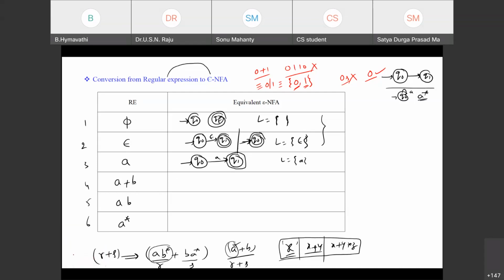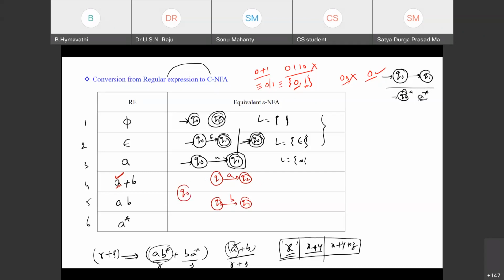After this, it is just usage of the other existing models. So what is the machine to accept the string A? Q1, Q2. This is for A. Okay, the final state we will modify afterwards. Similarly for B, I'll write one more Q3 and Q4. This is B. Now I want to say A or B from the starting state.